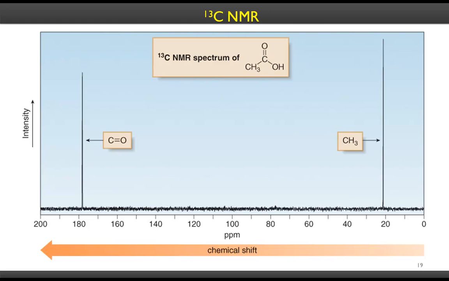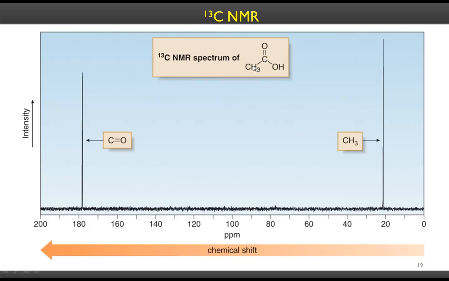Probably if you are given both the NMRs and asked to assign the structure, you should look at the carbon-13 first, just to see what type of carbons, what type of connections it has. Okay, so this is the carbon-13 NMR of a simple compound called acetic acid. How many different types of carbons do we have here? 1, 2.